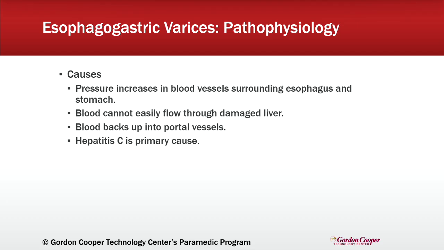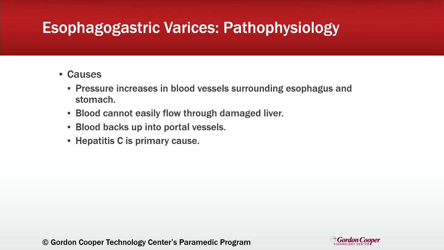It backs up into the portal circulation, leading to portal vein hypertension. Hepatitis C is one of the most common underlying causes, but it could be really anything that affects the liver. So any type of hepatic disorder or disease can lead to esophageal varices.